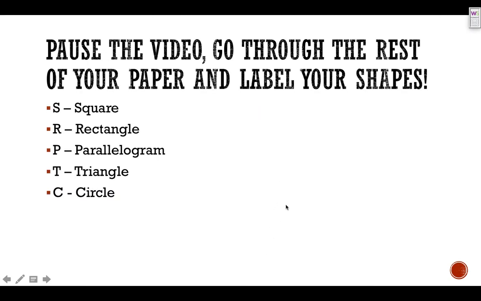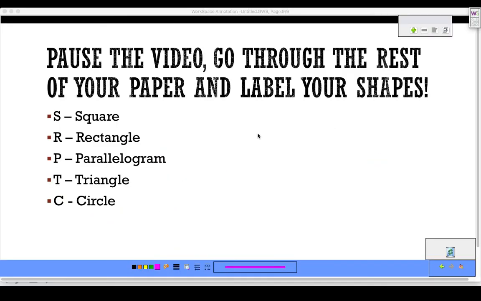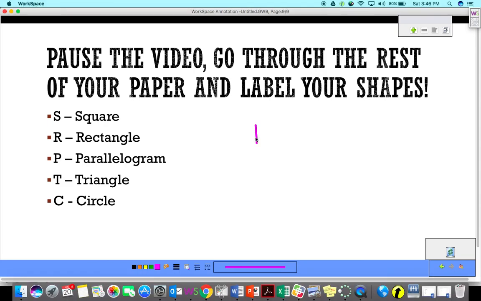So please pause your video and go through the rest of the problems on your paper, and before you do anything, label what kind of shape you have. Do you have a square, a rectangle, a parallelogram, a triangle, or a circle? After you've labeled, go ahead and write the formulas for each.